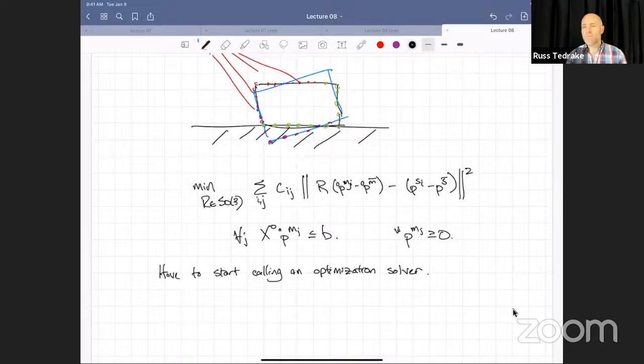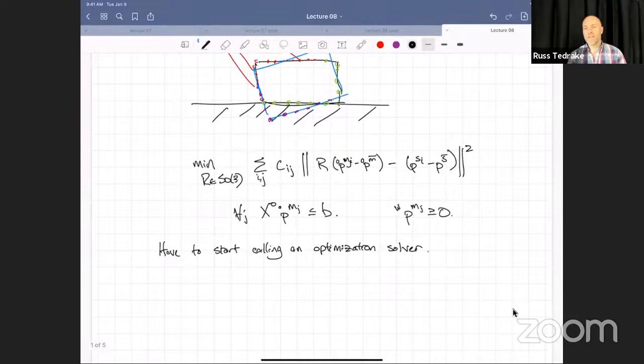Now, most optimization solvers, if you give them the constraint that R is SO3, I guess they don't laugh at you, but they won't accept it, right? There's not an interface even to say, please make R be a rotation matrix.